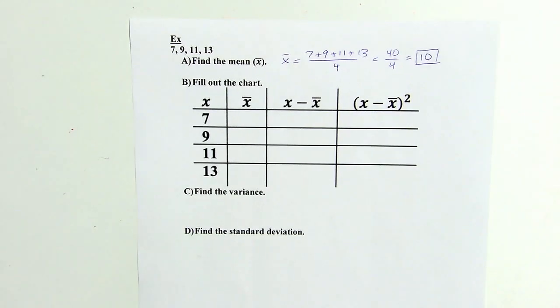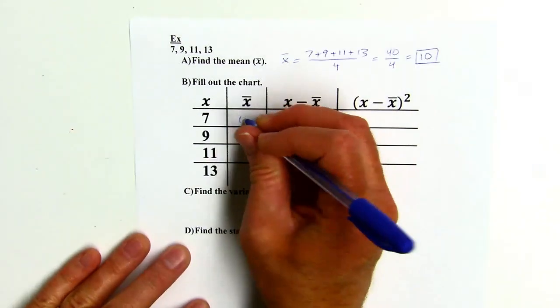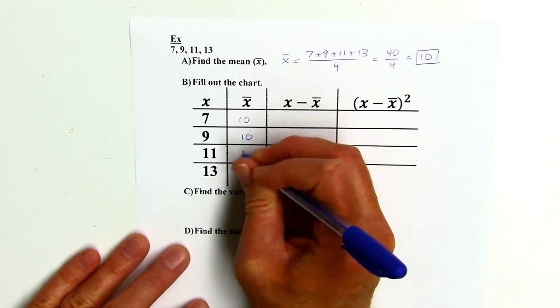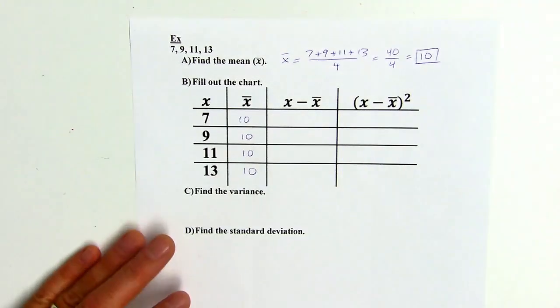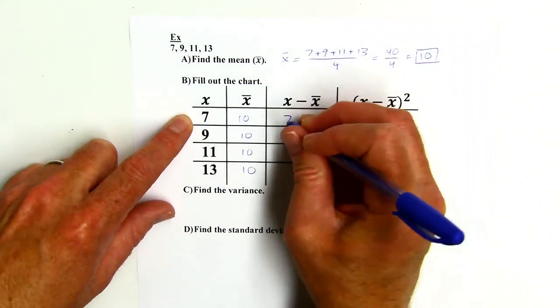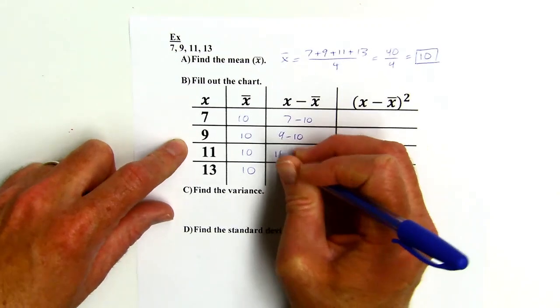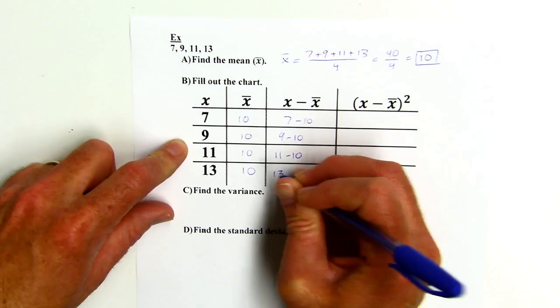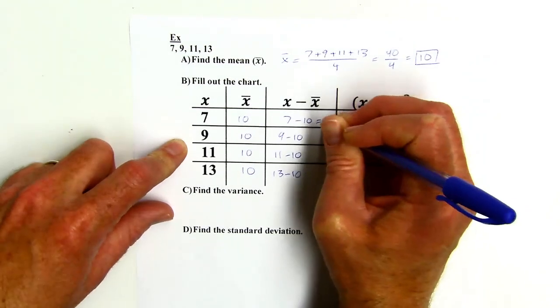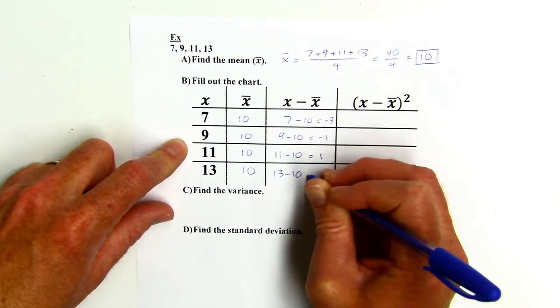All right. So next I'm going to put the mean down here into the chart. Okay. Now I'm going to do the subtraction where I take my data point minus the mean. Some of these will come out negative. So I've got -3, -1, 1, and 3.